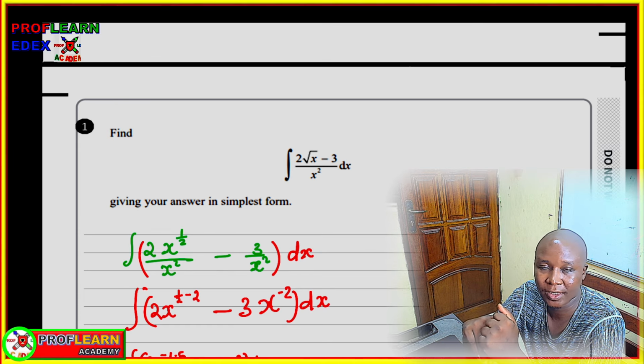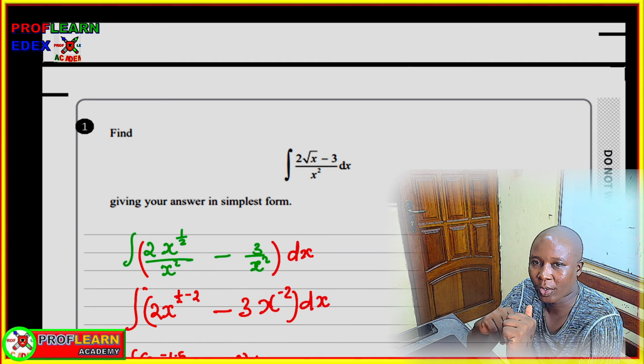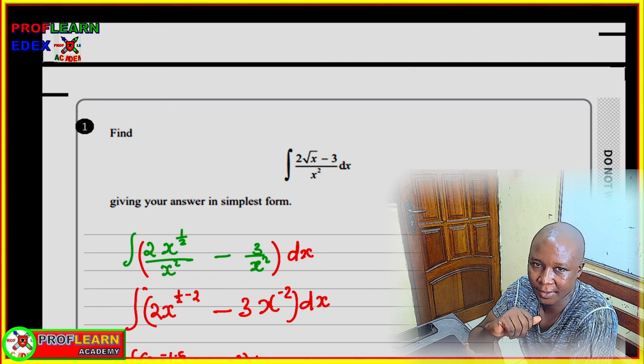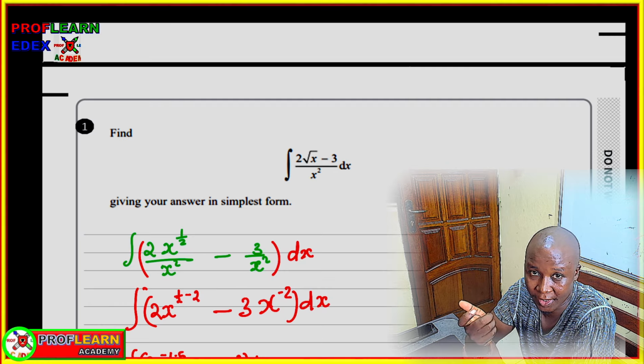An expression that looks like this, then you integrate, or you are given brackets where you are supposed to expand and then integrate. Now, when you are given this one, what you need to understand is that you need to divide every term by what is in the denominator and then simplify that using indices.